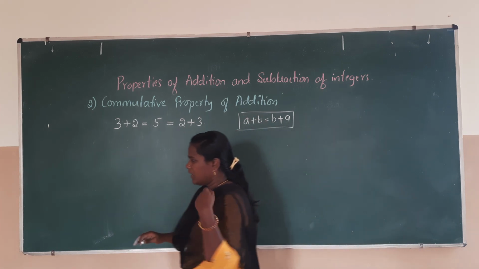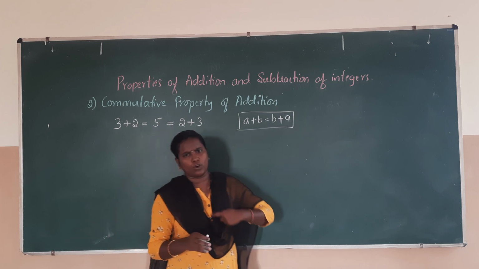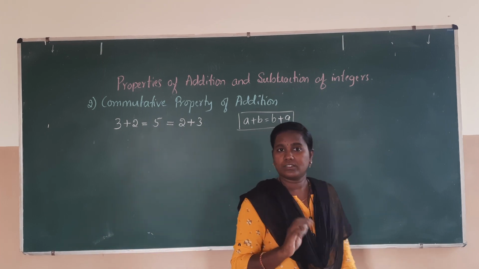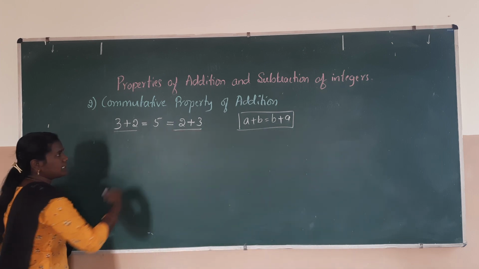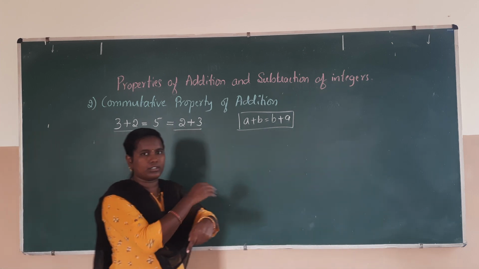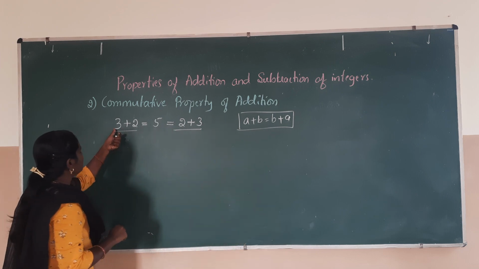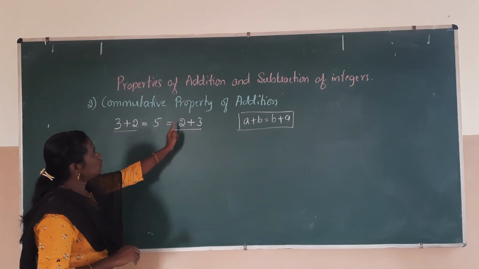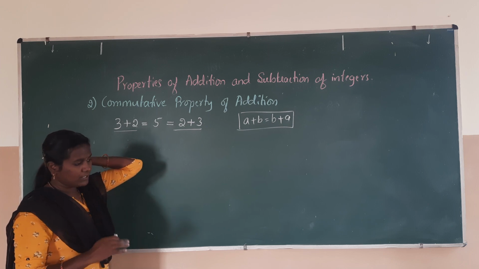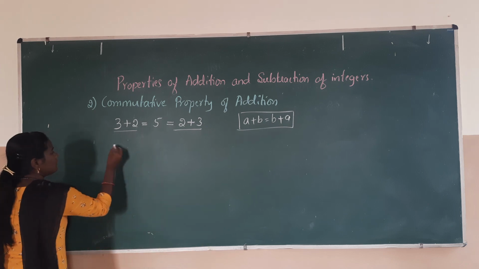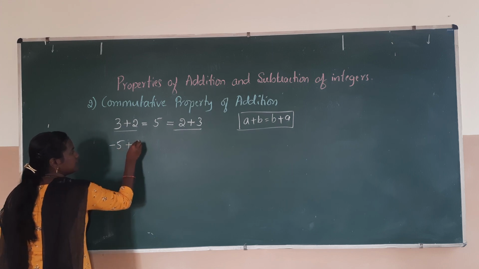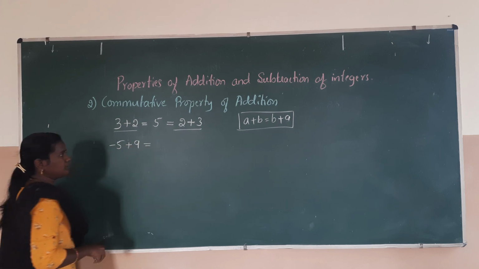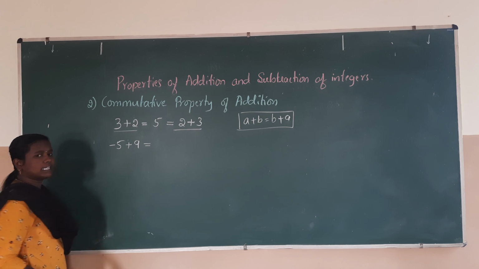Now, let us see whether this works for integers or not. If 3 and 2 are there, I will interchange their places. 3 plus 2 is 5, 2 plus 3 is also 5. Now I want to take some integers: minus 5 plus 9.